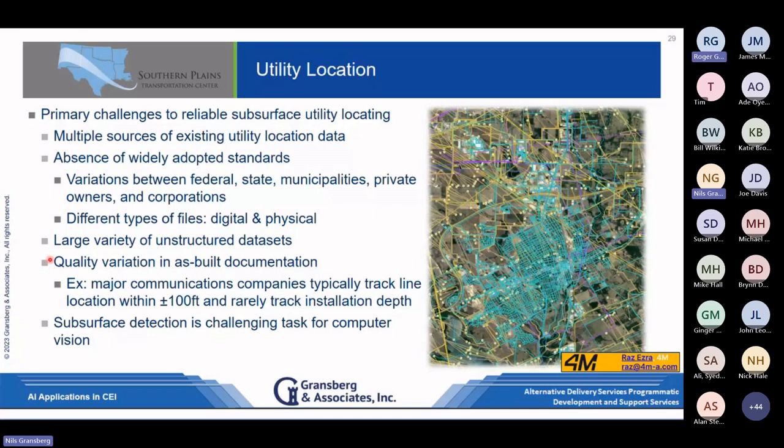They have no idea how deep anything is. In a recent lawsuit, Comcast said that the accuracy of the location of their lines is plus or minus 150 feet of the center line shown on the plans. Which is like, we don't know where it is, but it's in the area, we think, right?